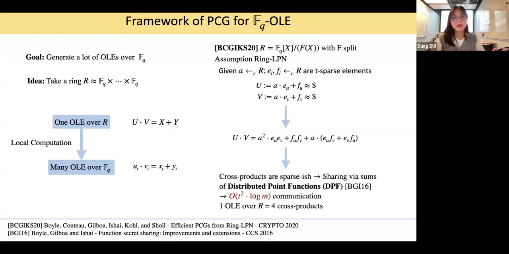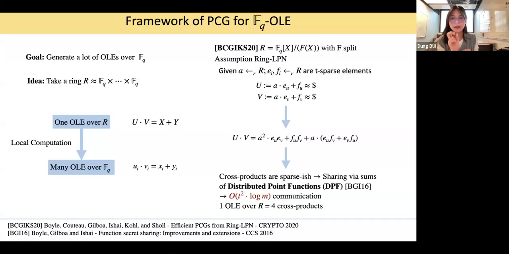If you want to get the BCZ for Alice and Bob, and Alice and Bob already have a, for example Alice has e_u, f_u and Bob has e_v, f_v, then the problem goes down to this: if you want to secret share u times v, you need to secret share the cross products of the four terms.